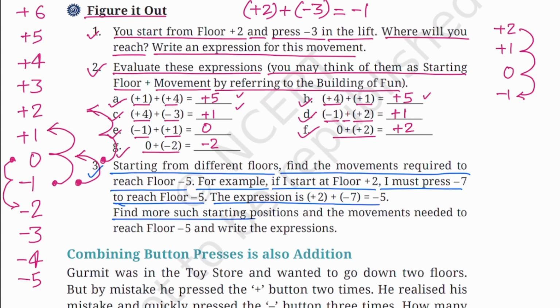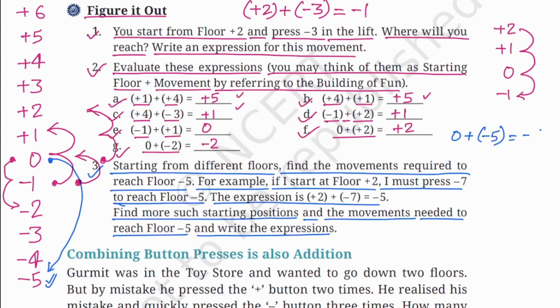Find more such starting positions and the movements needed to reach floor minus 5 and write the expressions. Minus 5 is here. You can reach minus 5 from 0 using the expression 0 plus minus 5, which will give you minus 5.